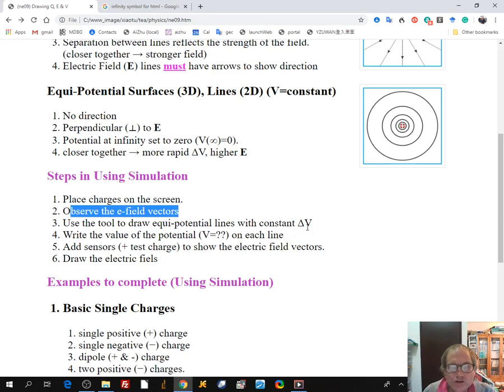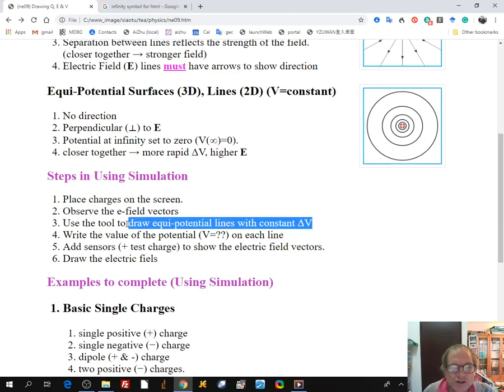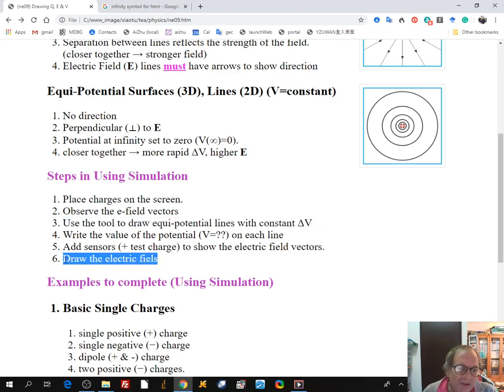We can use the tool to draw the equipotential lines, but the separation between the equipotential lines should be the same delta V each time. And on your paper, you're going to write the value of the potential on each line. You can then also add sensors, a positive test charge, to show where the electric field line is, and then you are going to draw the electric field lines. Okay? So that's the simulation, how we're going to be using it.